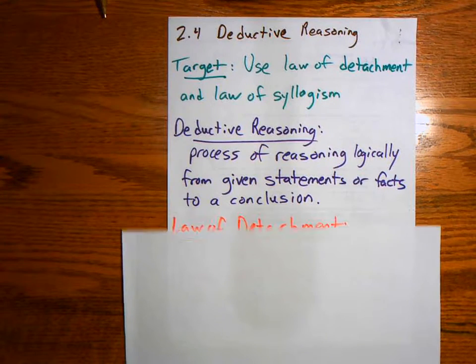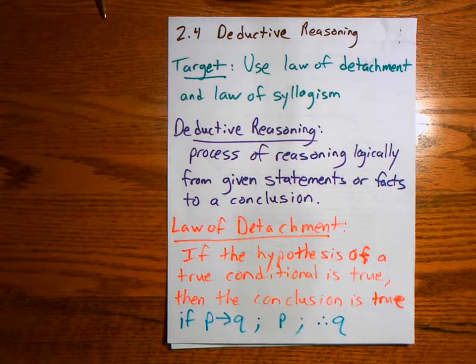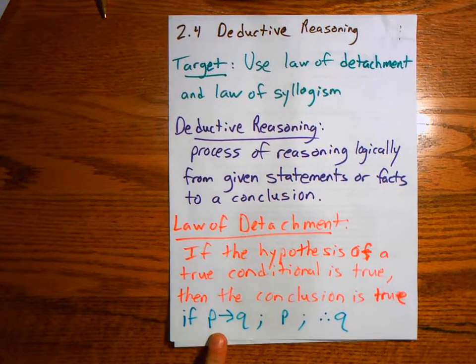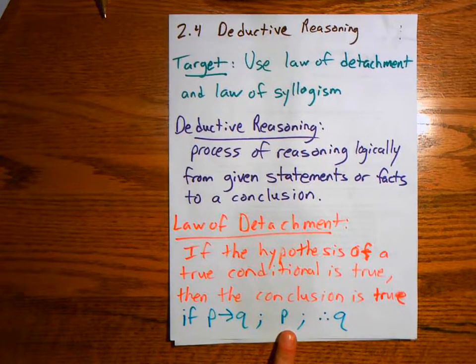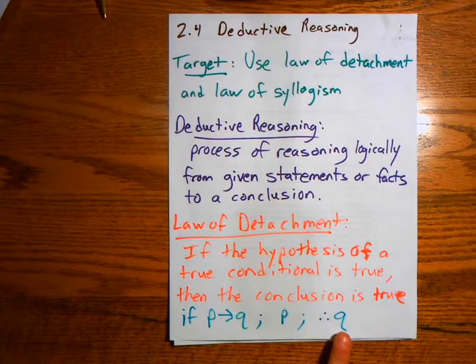Okay, so the first law is the law of detachment. The law of detachment is: if the hypothesis of a true conditional statement is true, then the conclusion is true. So if we have a conditional statement, if P then Q, and P is true, that must mean Q is true.